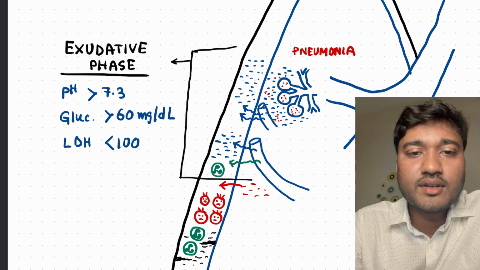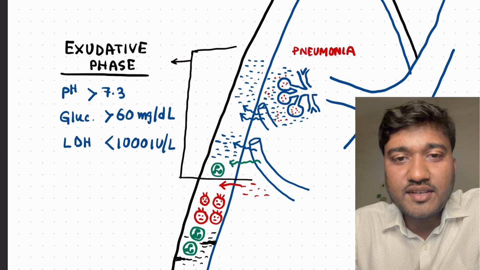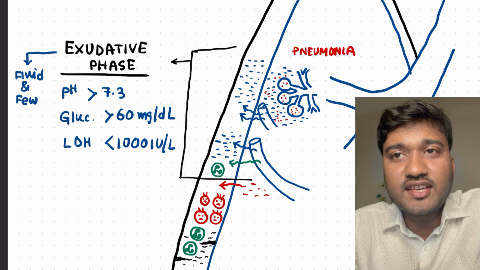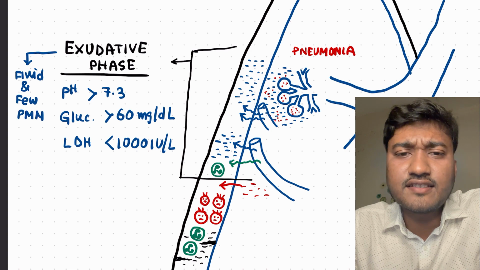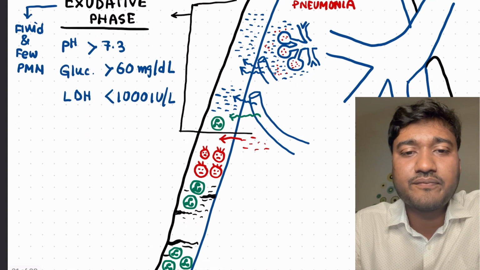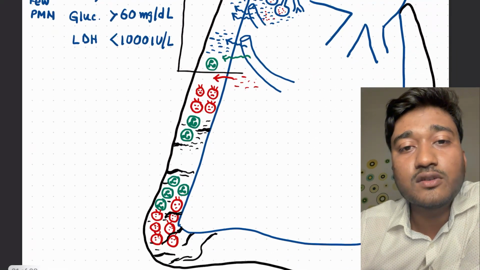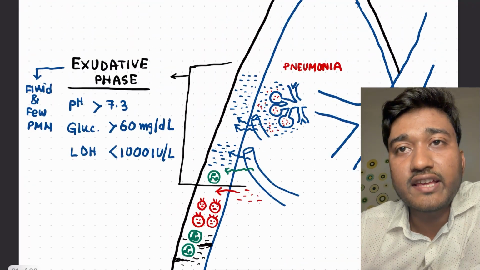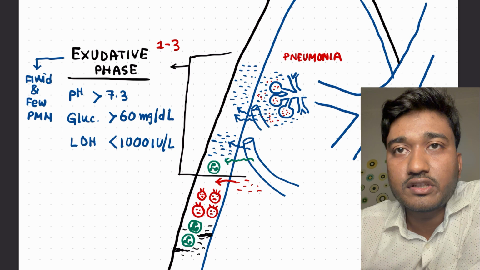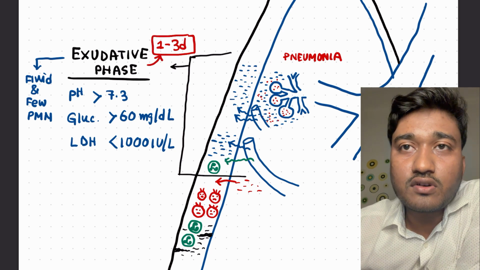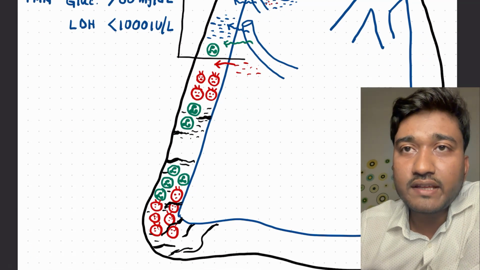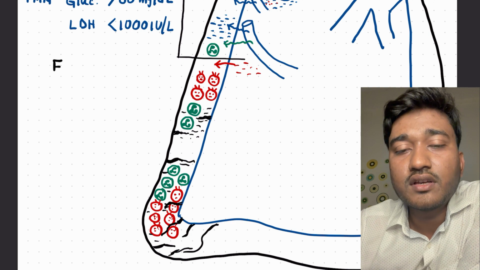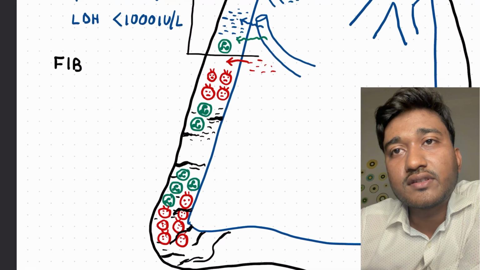In the exudative phase, the pH is more than 7.3, the glucose is more than 60 mg per dL, and LDH is less than 1000. It happens within 1 to 3 days of inflammation. This is followed by the fibrinopurulent phase.